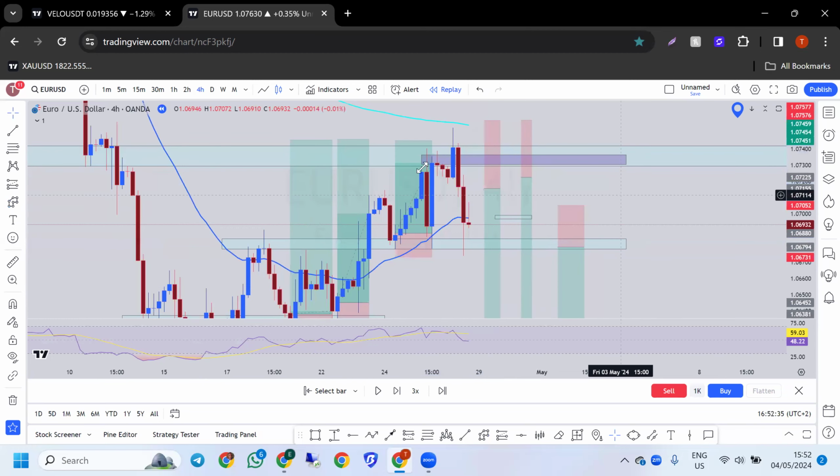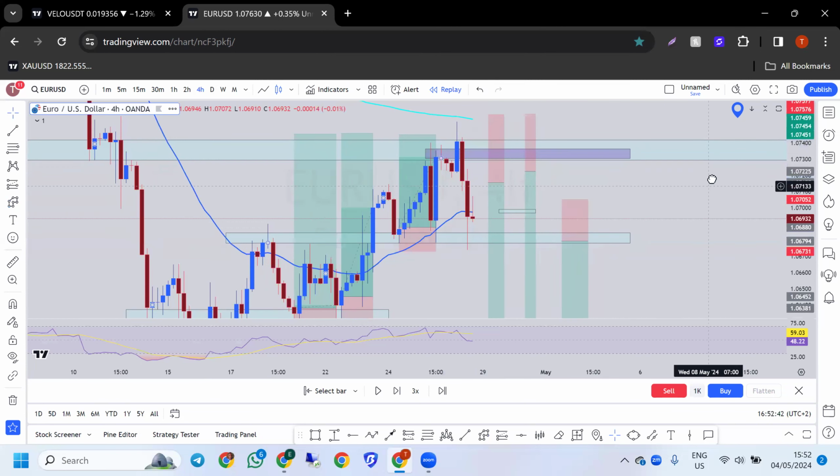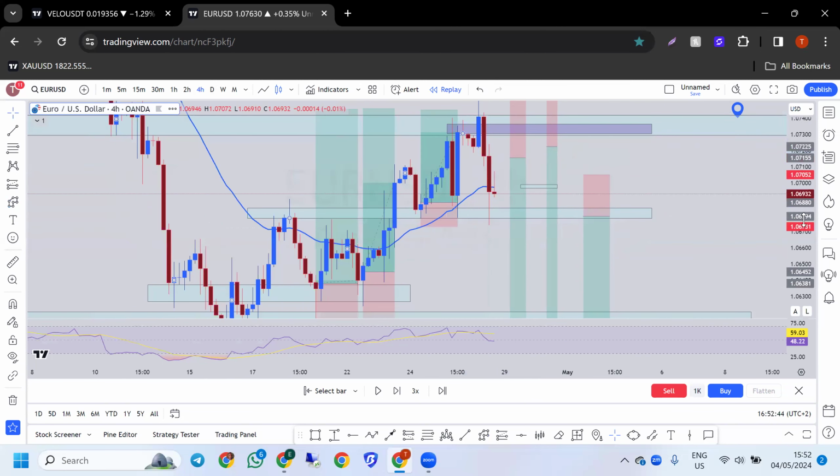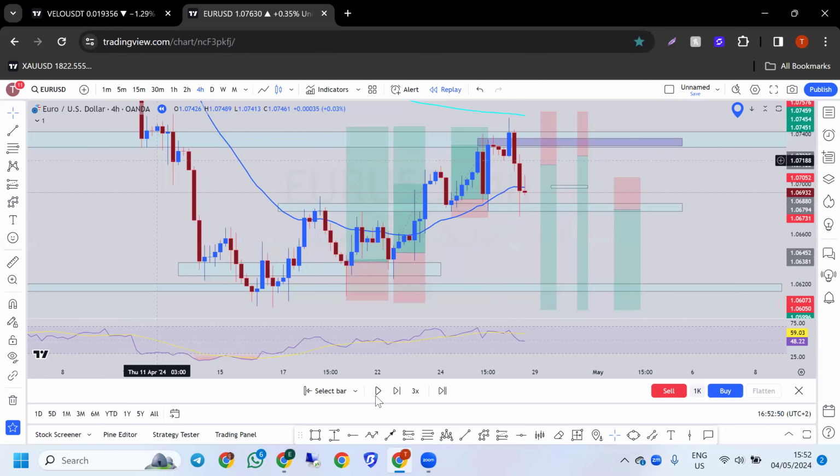Since we had this inverted head and shoulder, if I'm about to take a long, I have explained this before. Let me use this time to explain it again.